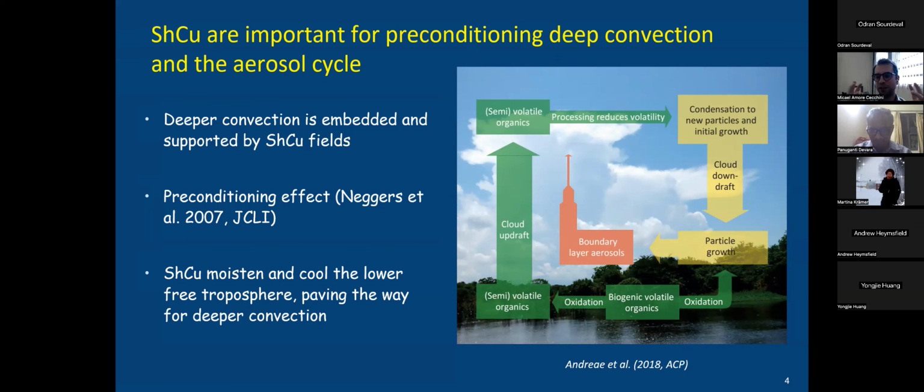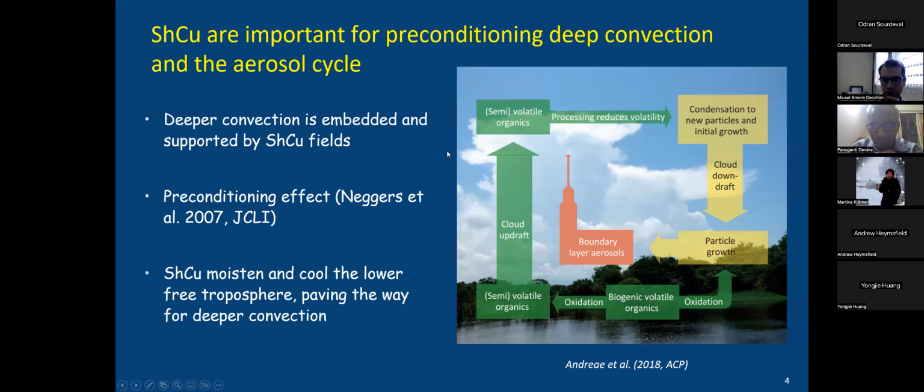And this releases moisture in the lower and mid troposphere that then allows the next generation of clouds to reach deeper heights. Because if another cloud is formed, it's going to reach a layer with more moisture, and then it will have more buoyancy, and then it will be able to grow into a deeper cloud.